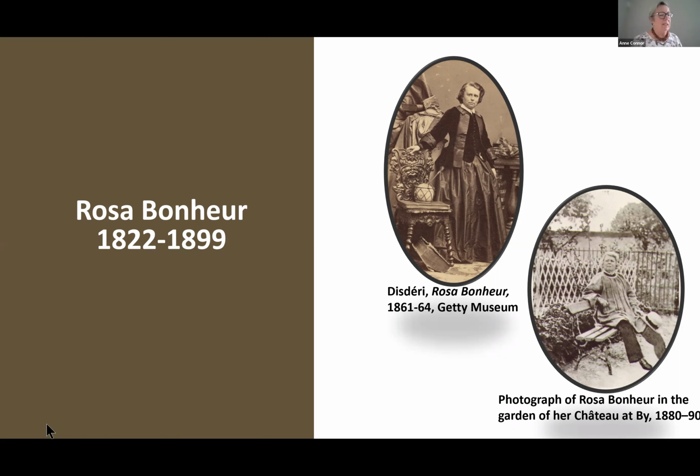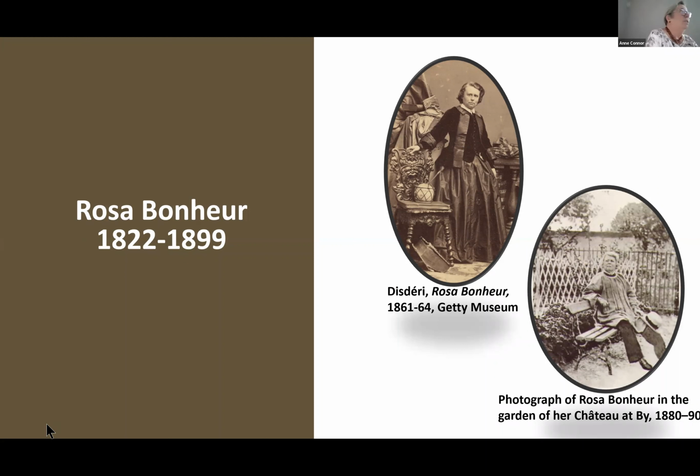And here you have two photographs of Rosa Bonheur by Disdéri, by the way, the guy that invented the carte de visite, the business card at the time, where everybody had to have their photograph and you distributed it among your friends. So you see her above there with short hair, which is very unusual for the time.